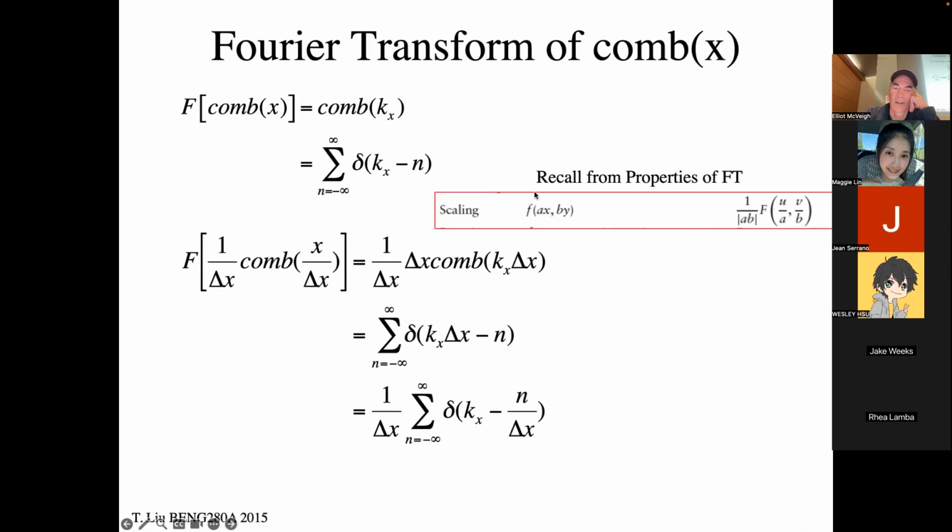One thing we want to see: this is the Fourier transform of the comb function. It turns out it equals a comb function as a function of kx. So this is x in centimeters in space. That's our comb function in space.